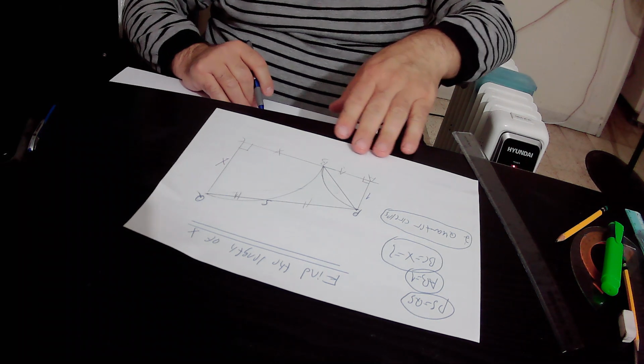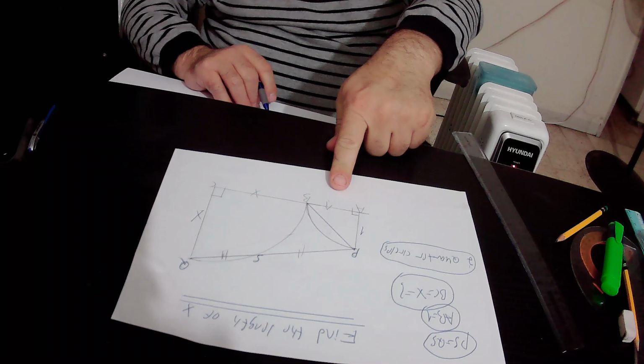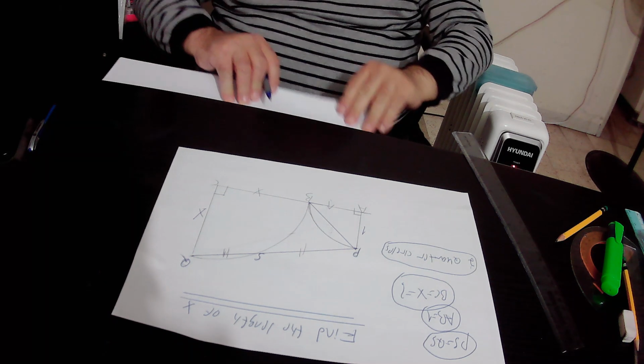I will copy the right triangle PAB to a new page and we will apply the Pythagoras theorem in this right triangle, triangle PAB.